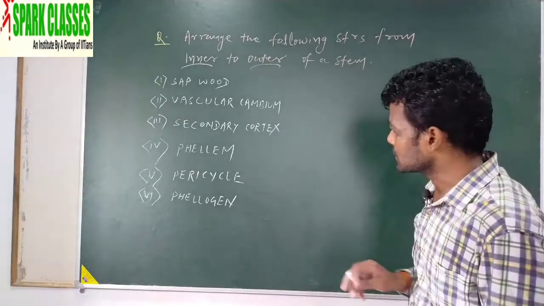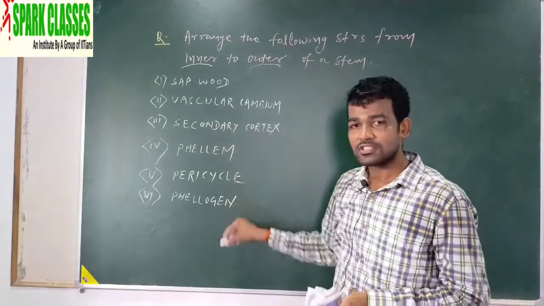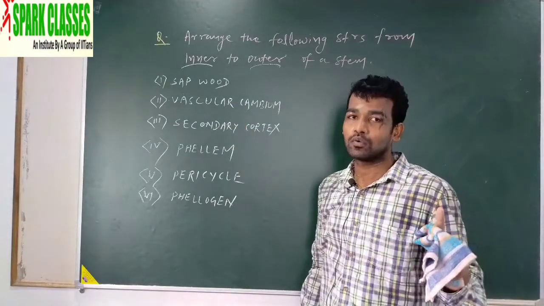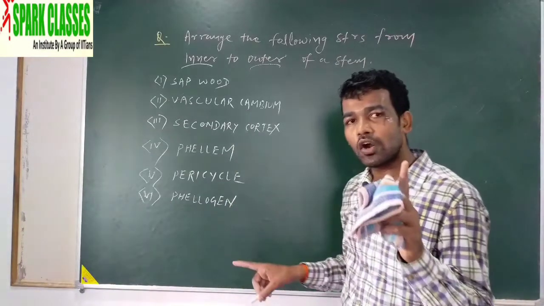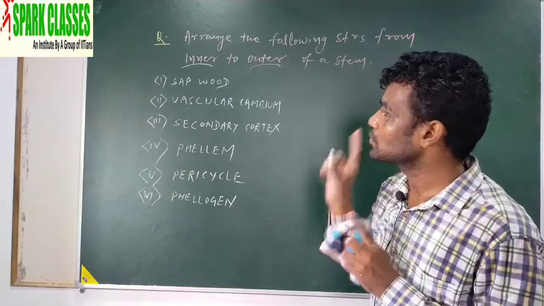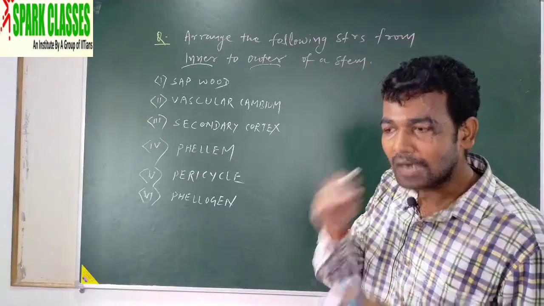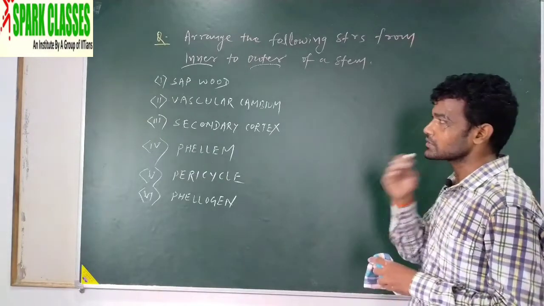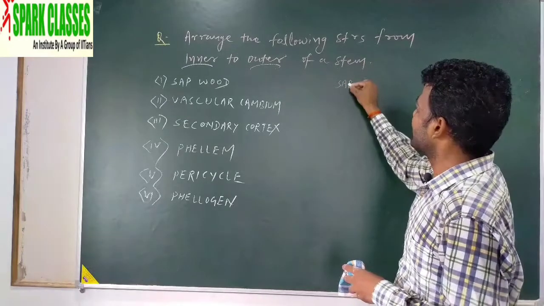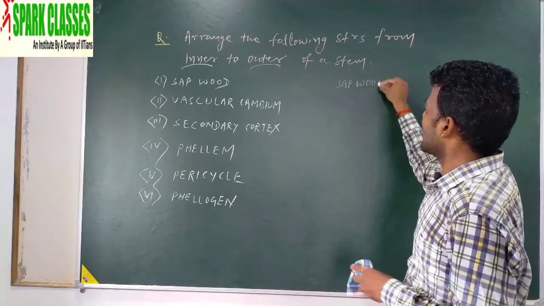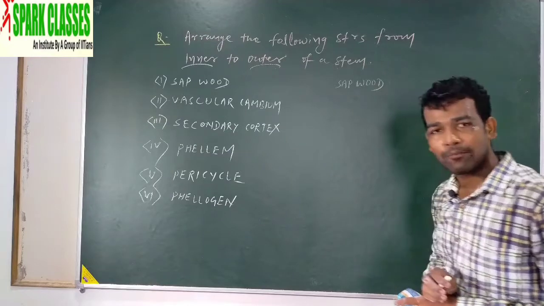But here there is no name of heartwood, so heartwood is not our innermost portion according to this question. After heartwood, what comes? There is sapwood. Number 1 is sapwood.